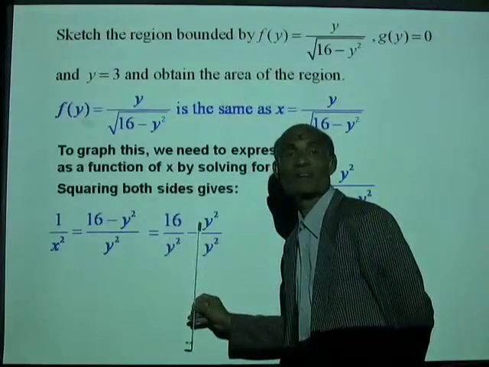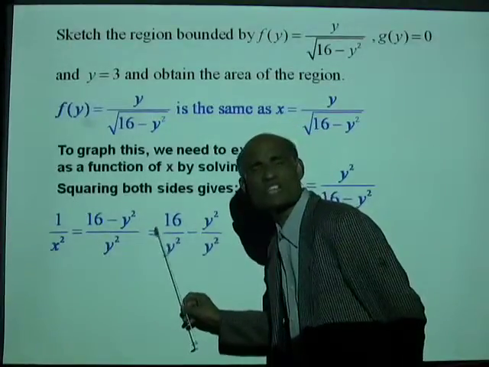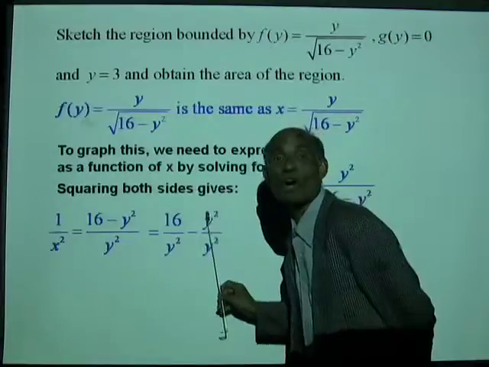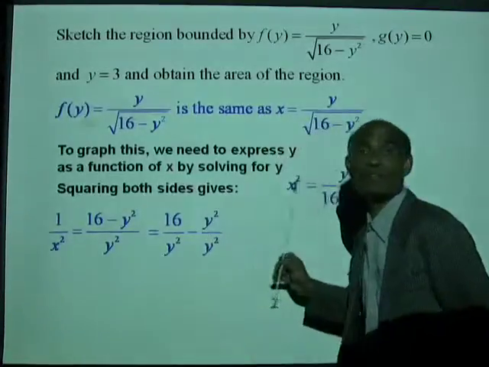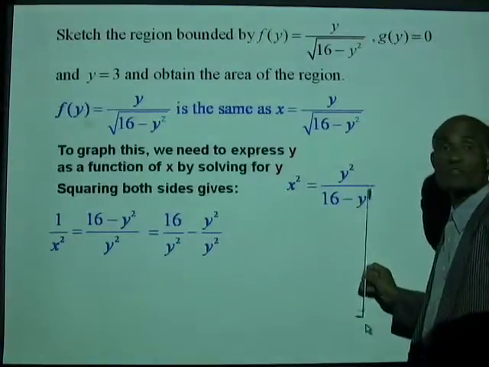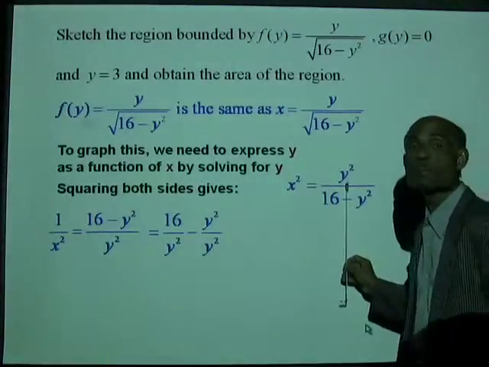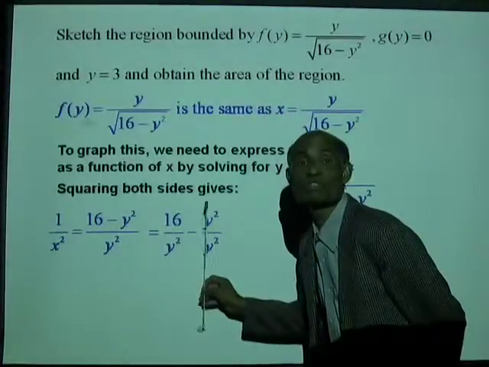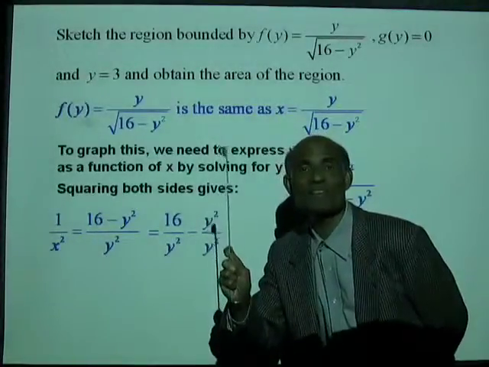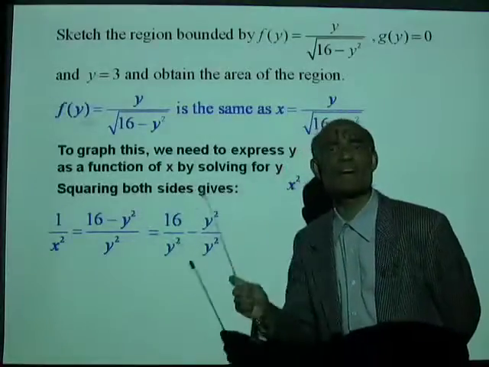Look at that. Now, why did I say this is an advantage? Because y squared over y squared is 1. That means, whereas we had y squared in 2 places here, which made it difficult for us to solve for y, we are now reducing that y squared to a single place. We can now solve for y easily.